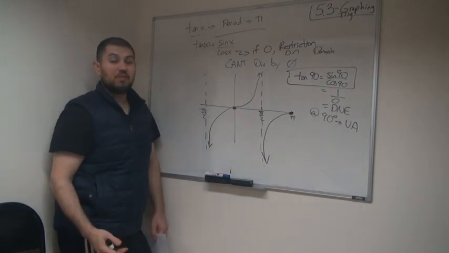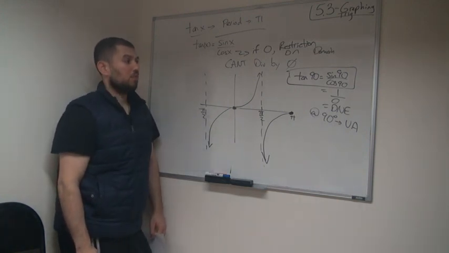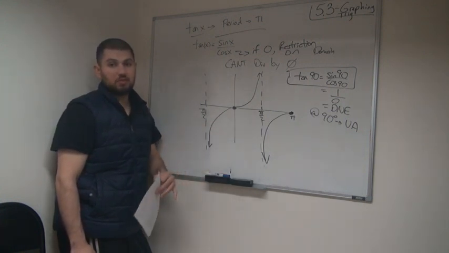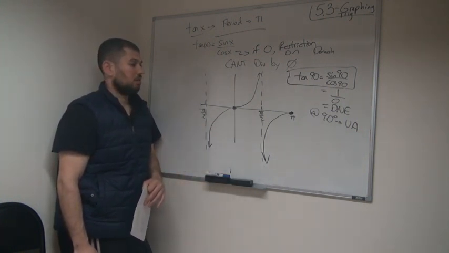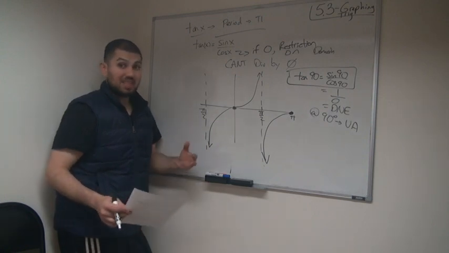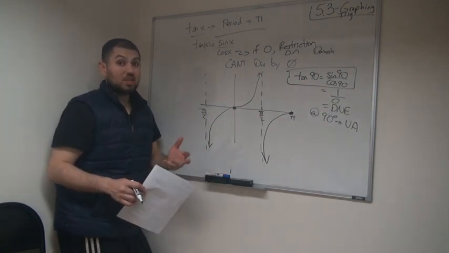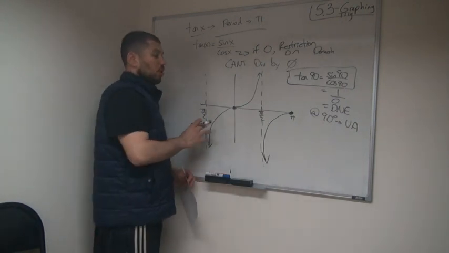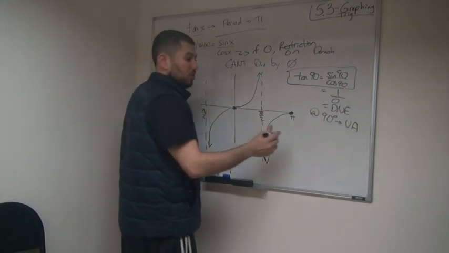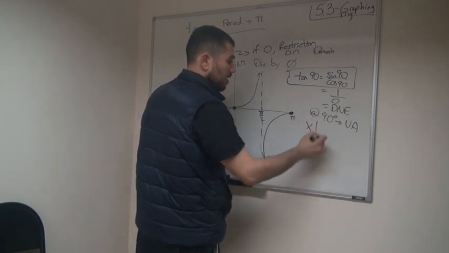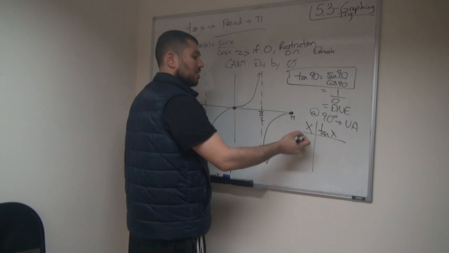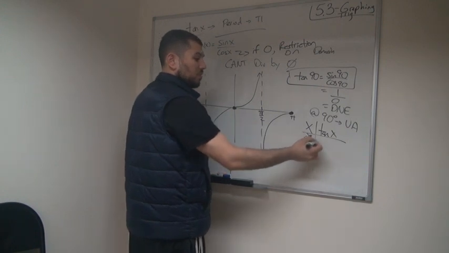So like any of the other rational functions, we will have places where we have to exclude values from our domain. Now, having said that, should you guys get super confused on this? No, because you can always put up the basic tan function using a table. X, tan of x. Let me put in some values. If x is 0 degrees, what's the tan of 0?